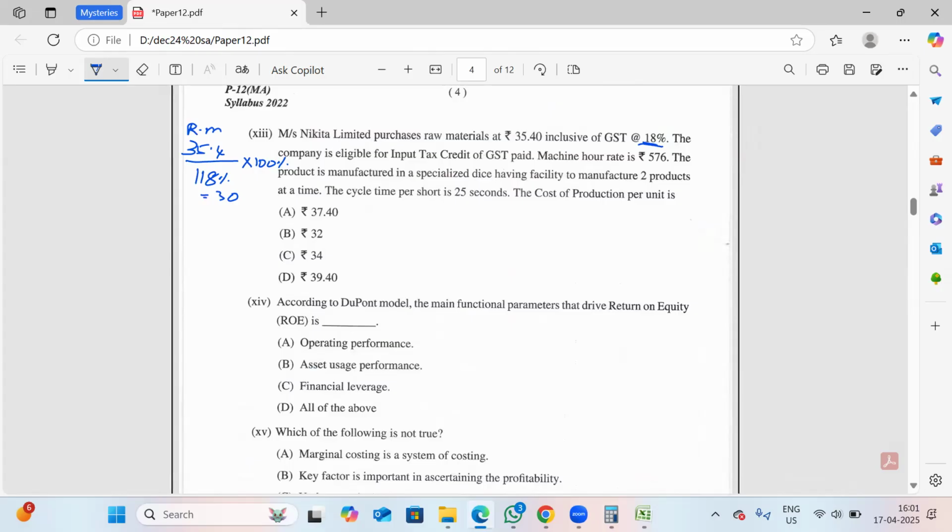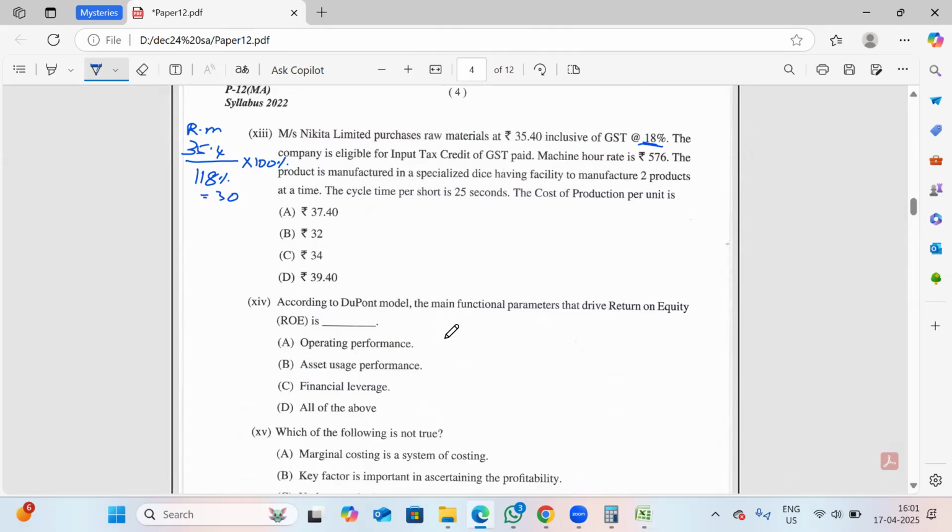machine hour rate per unit, they have given machine hour rate as 576. I need to calculate the machine hour rate per unit. So here the trick is, the cycle time per shot is 25 seconds, as they have mentioned.